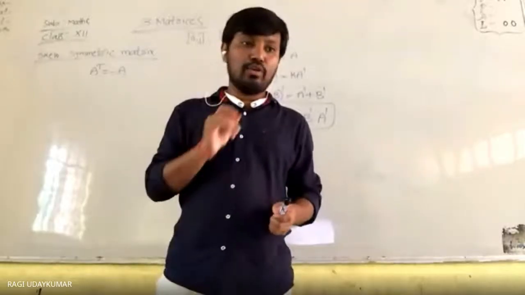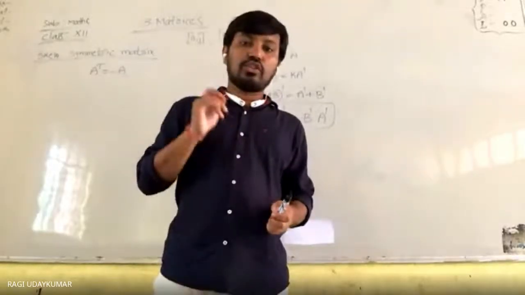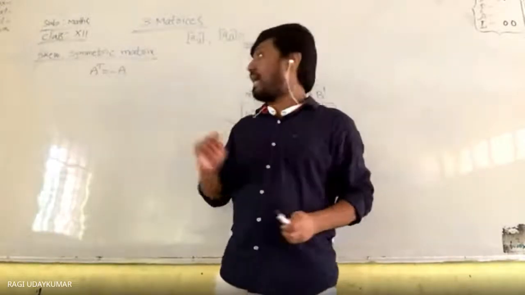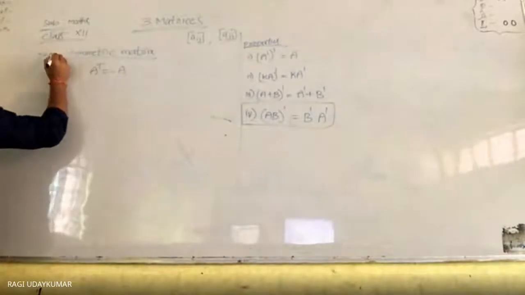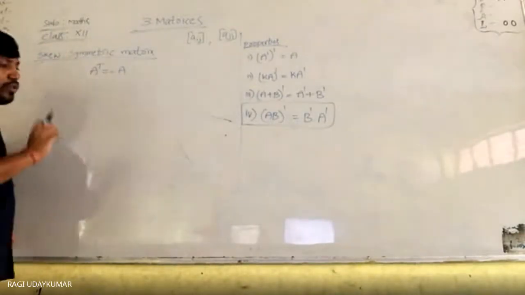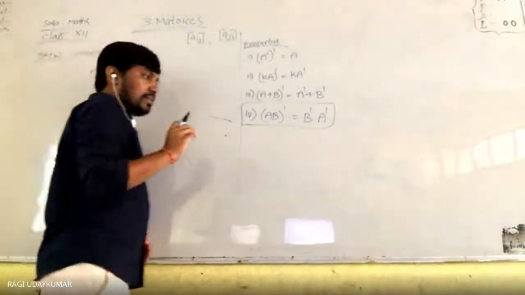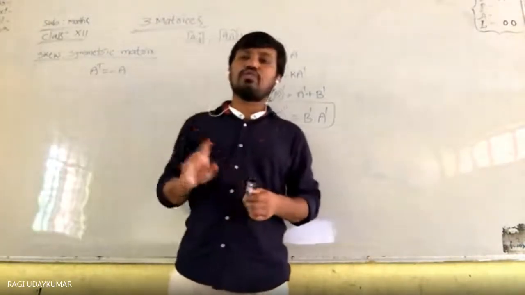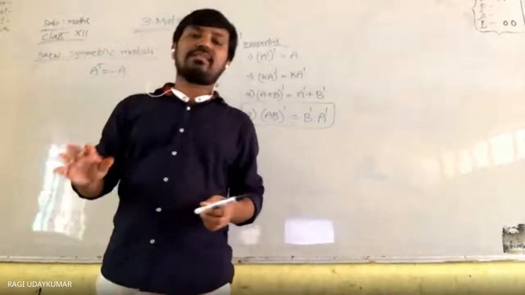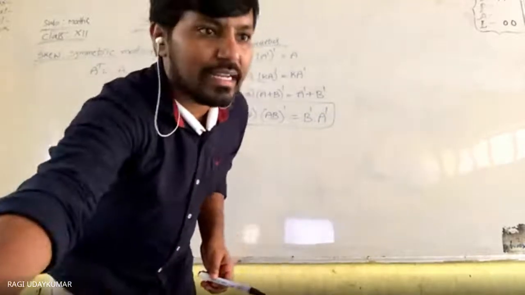Sir, will you please repeat the name again? Skew, S-K-E-W, it has a W, skew symmetric matrix. So if A is a matrix and A transpose is equal to minus A, then that matrix is called a skew symmetric matrix.